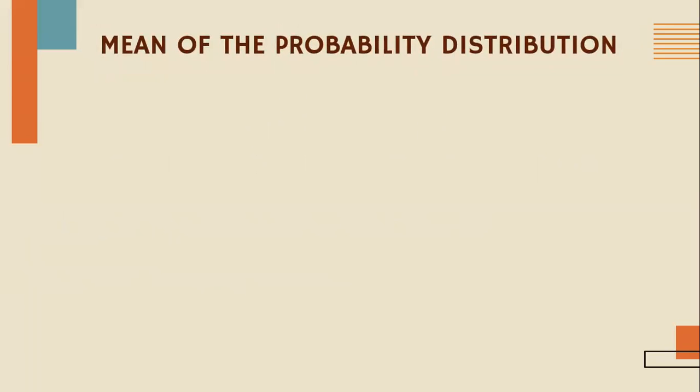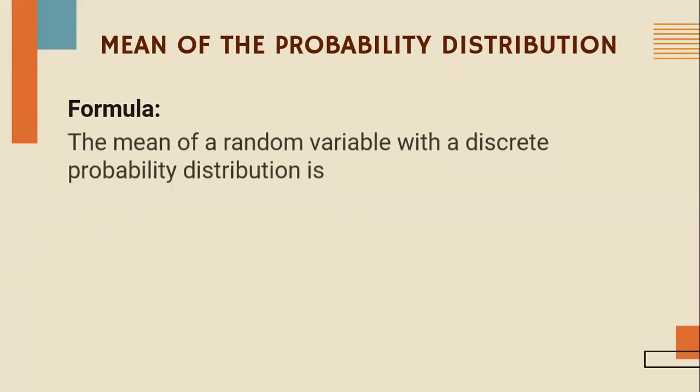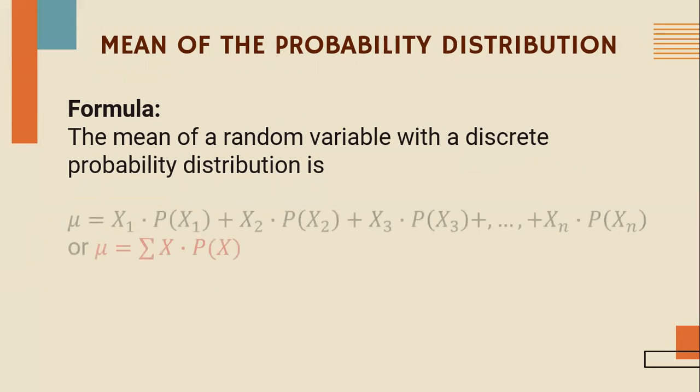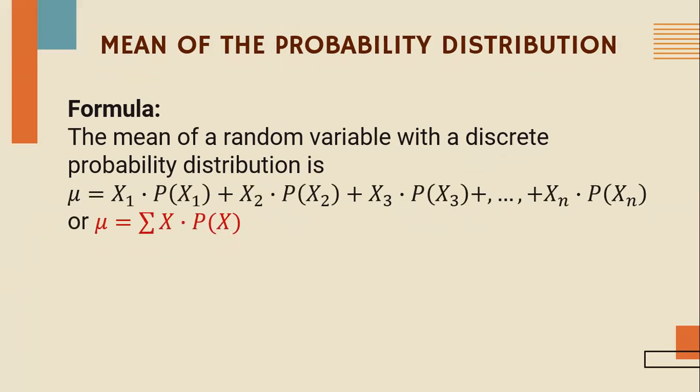Let's start now with the mean of the probability distribution. This is now the formula. The mean of a random variable with a discrete probability distribution is mu, meaning mean. It is equal to x sub 1 times p, where p is the probability of x sub 1, and so on.